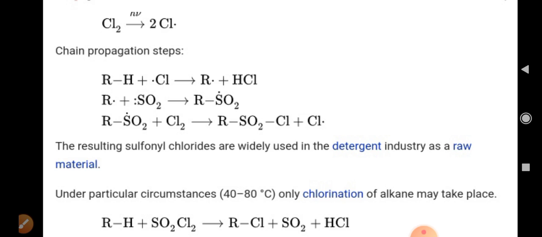Then what remains? Cl with one electron and hydrogen with one electron give formation to the HCl bond, that means HCl is given out.